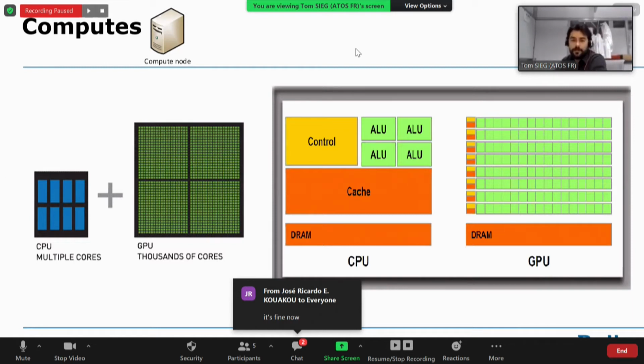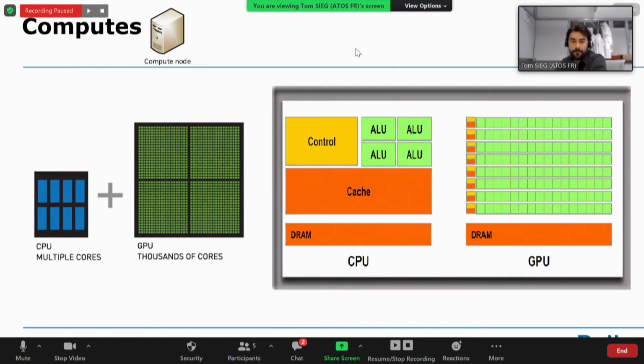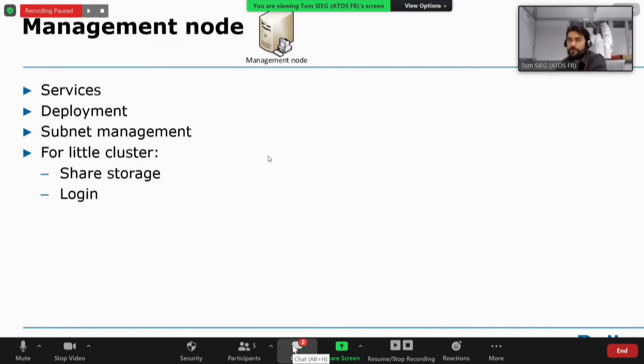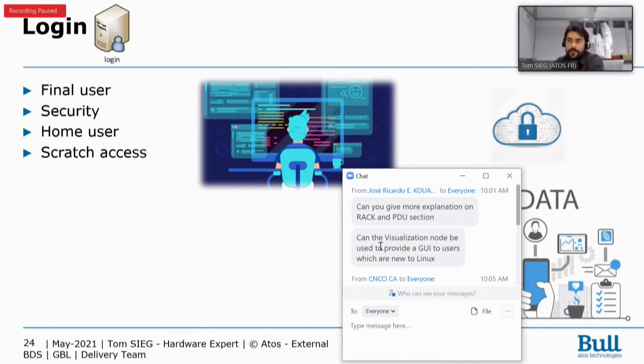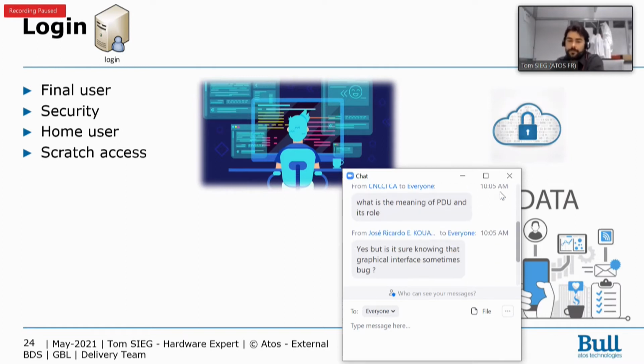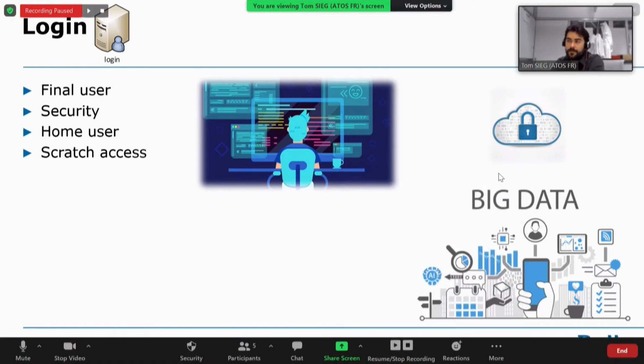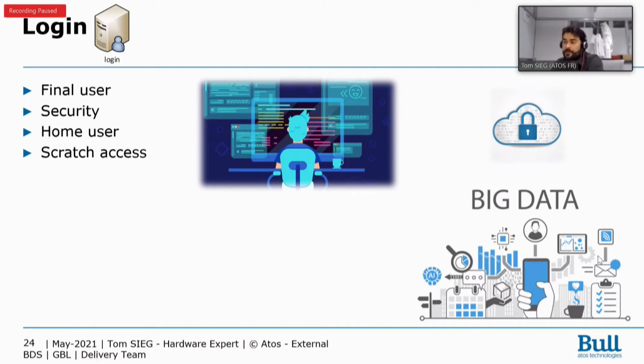Okay, so I will continue. I had a little question about graphical interfaces on login nodes. That should be a quick question. Of course, on many clusters, we never put a graphical interface on it, especially on little clusters, because people who have a cluster generally don't like graphical interfaces, and of course you will be able to have security issues and bugs with a graphical interface.